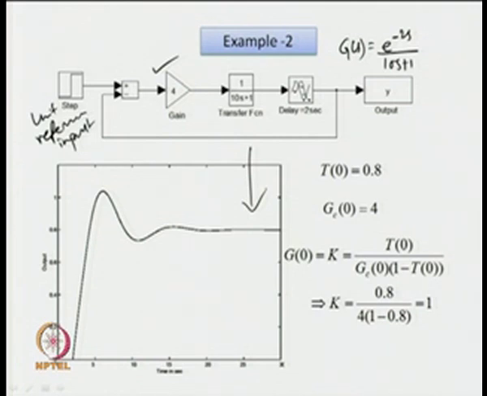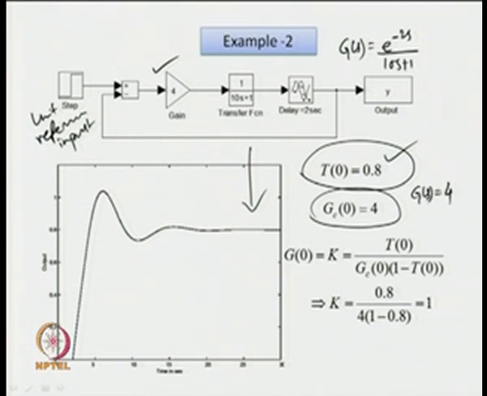From the process output, the steady state value of the output is found to be 0.8. Therefore, T(0) is equal to 0.8, but we know that G_c(0) is equal to 4, G_c(s) is equal to 4. This is the proportional controller. So, limiting s tends to 0, we get G_c(0) is equal to 4.